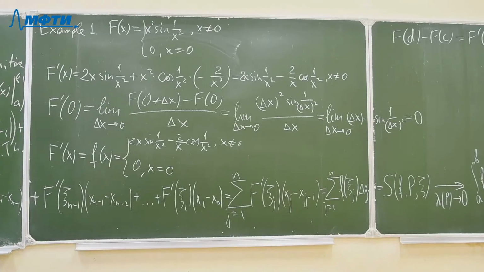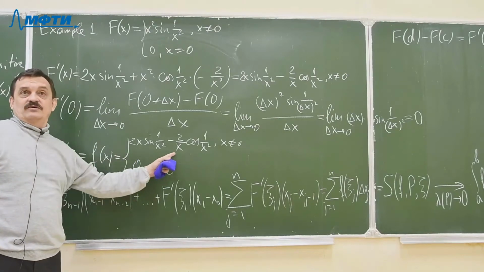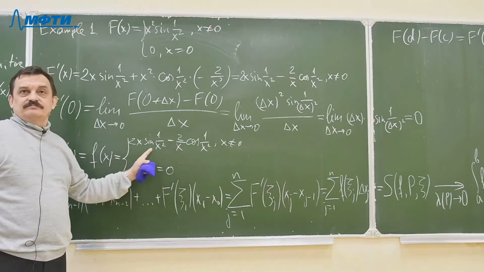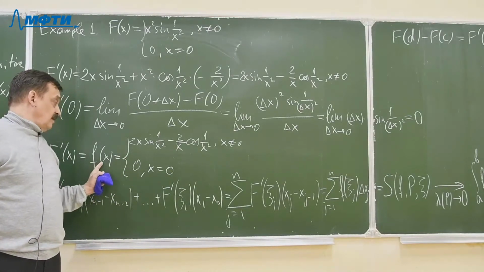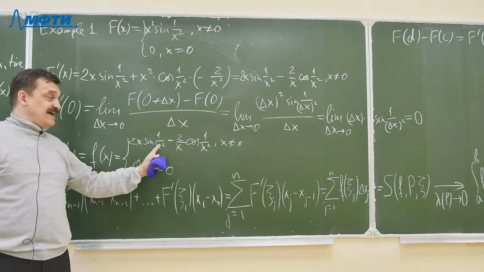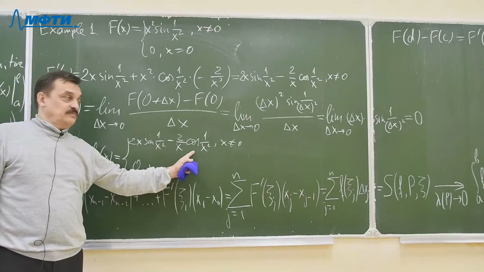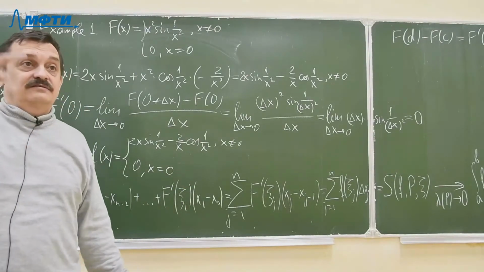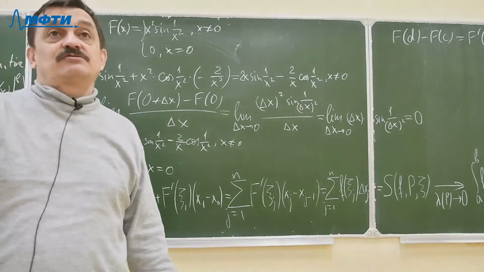But look at the function little f more carefully. What happens with the values of little f of x as x tends to 0? We know cosine alternates between -1 and 1, right?